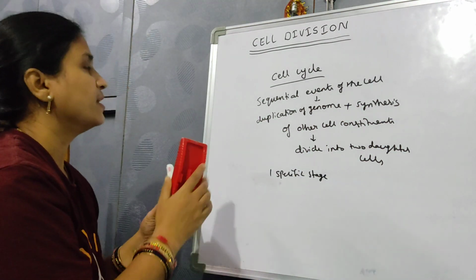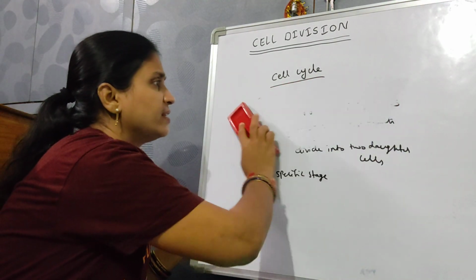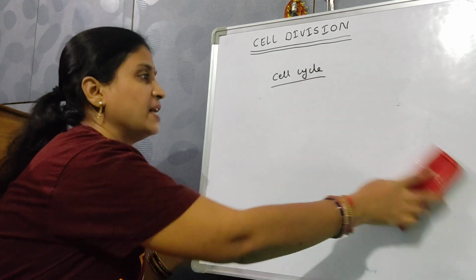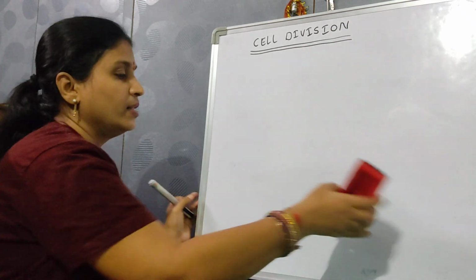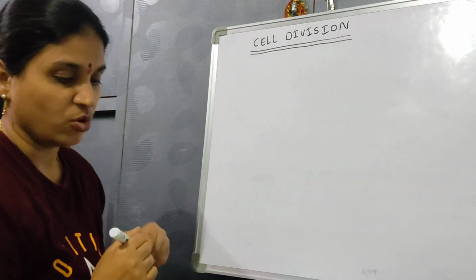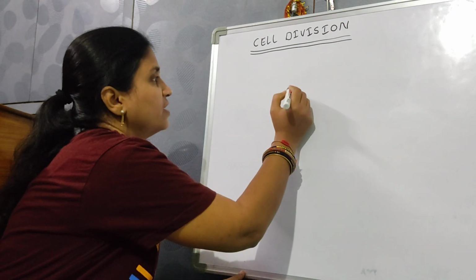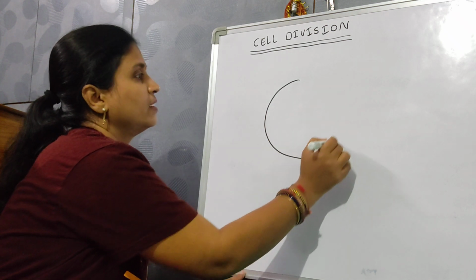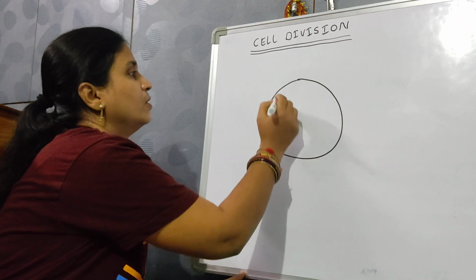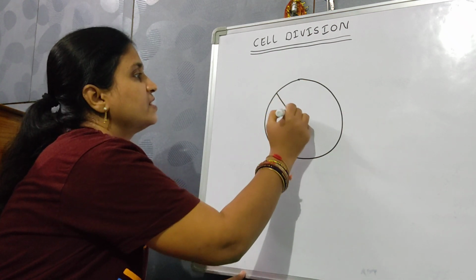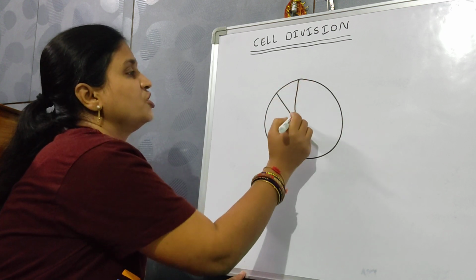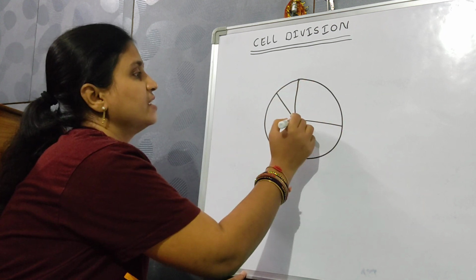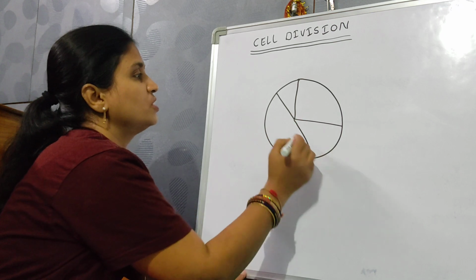This cell cycle can be represented in the form of a pie chart. Take for example, this is a pie chart. The first stage is the G1 stage, then the S stage, then the G2 stage.